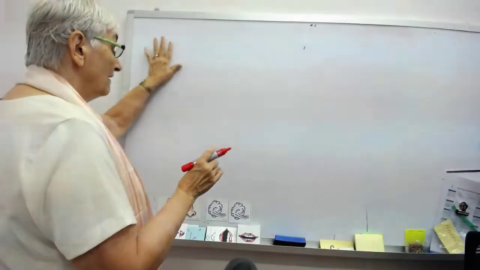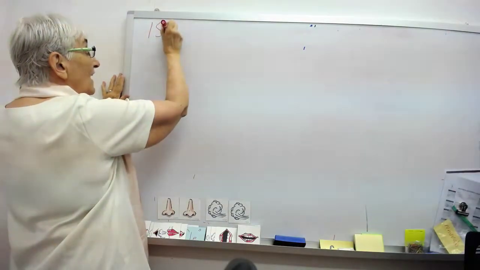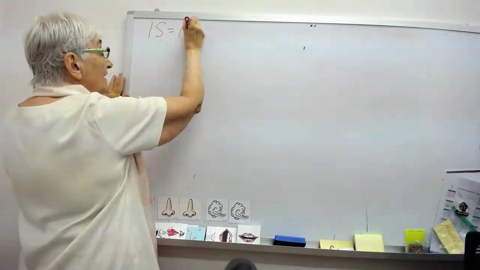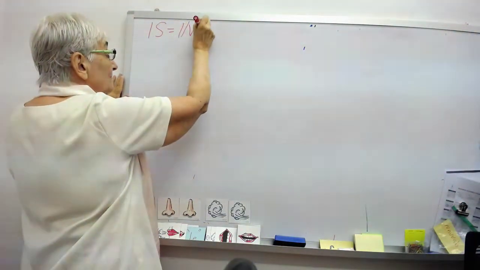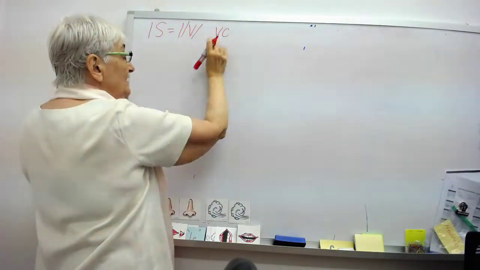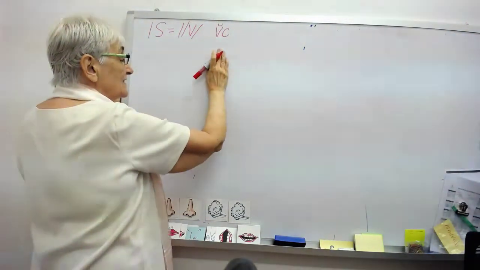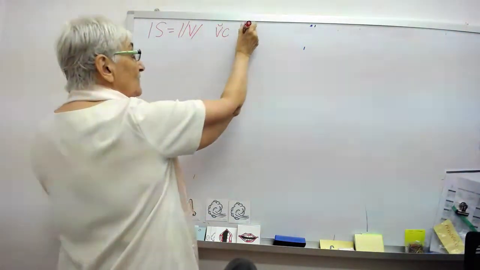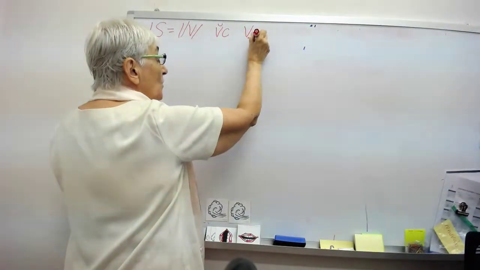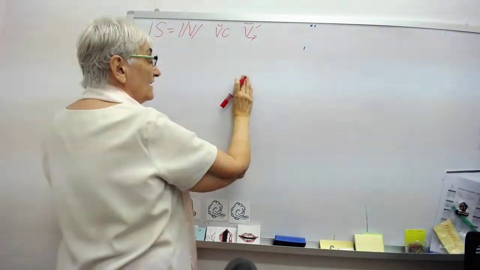Now we know that every syllable will have one vowel sound. And we know that if the syllable is closed, that vowel will say a short sound. If the vowel is open and stressed, it will say its long sound.